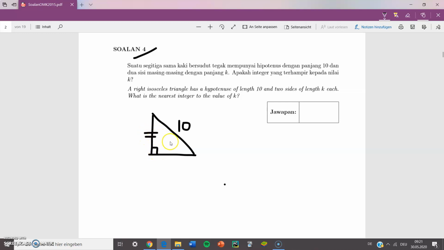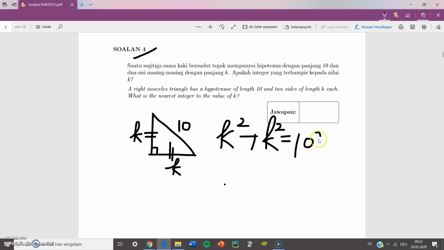Both sides have length k and are of equal length because they are the shorter ones, and the hypotenuse having a value of 10 is the longest one. So by the Pythagorean theorem, we have k squared plus k squared equals 10 squared, which is our hypotenuse.